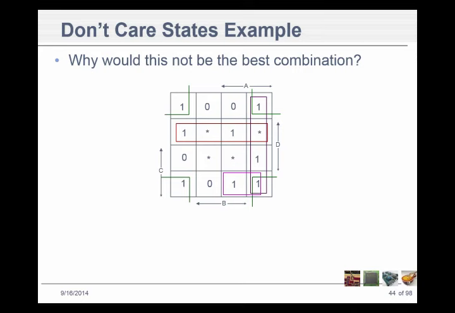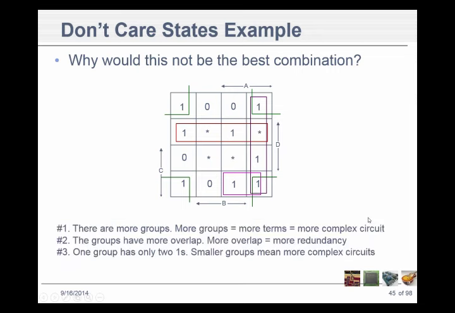If you want some redundancy, and we're going to see real shortly why you might want some, then that would be okay. The main issue I see here is this grouping right here. I've got this group of 2 where I could have had a group of 4, and that would make it a little bit simpler.